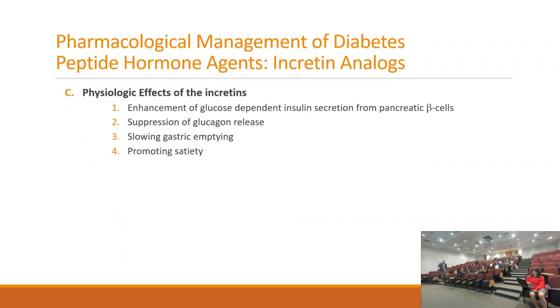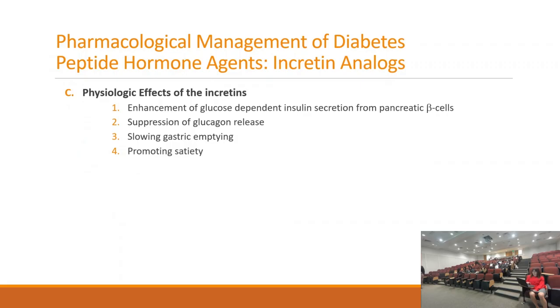Number one is enhancement of glucose-dependent insulin secretion from pancreatic beta cells. So incretin hormones, in the presence of a large oral glucose load, can help those pancreatic beta cells to increase their secretion and release of insulin into the bloodstream. Okay, we have suppression of glucagon release.